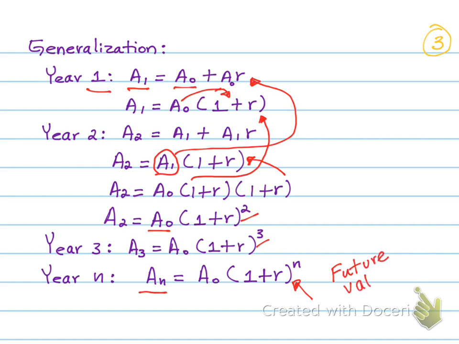Why? Because we are finding the value of some amount in the future, in 1 year, in 2 months, in 3 days, in 5 months, etc. So this is the formula as well for the future value.